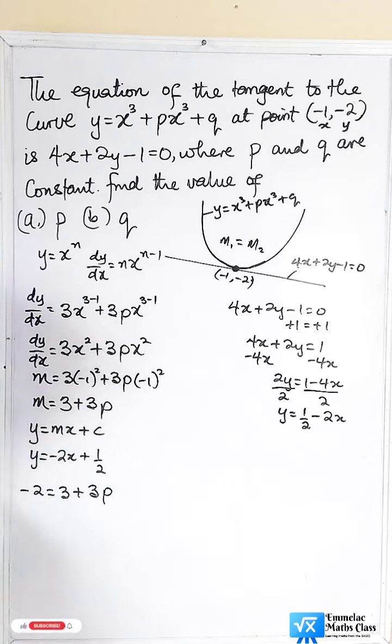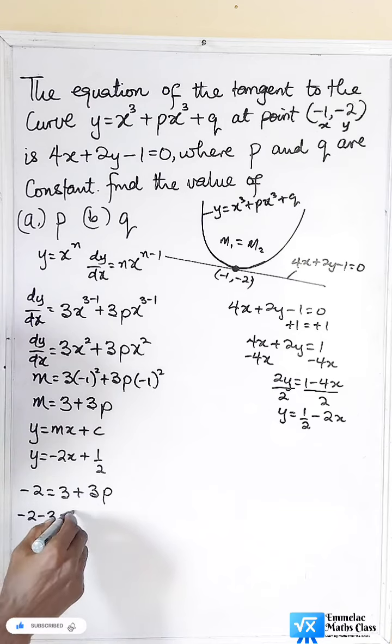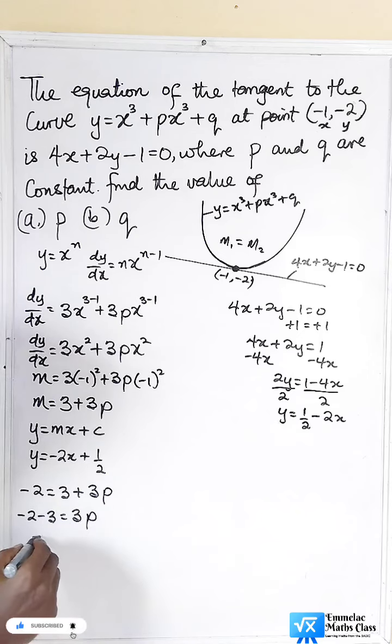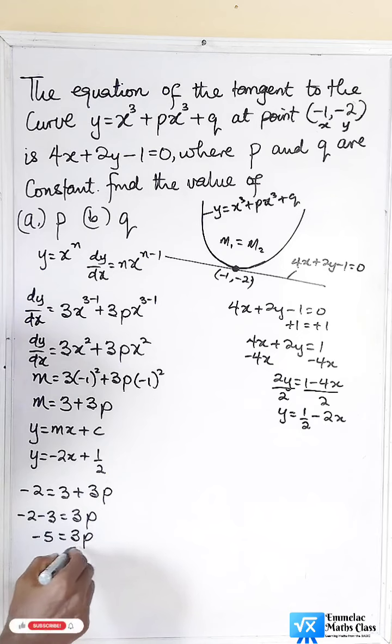Let us take 3 to the left hand side, so negative 2 minus 3 equals 3p. So negative 5 equals 3p. Dividing both sides by 3, p equals negative 5 over 3.